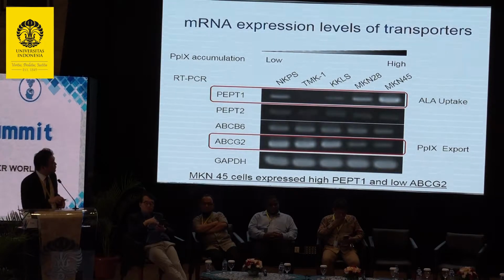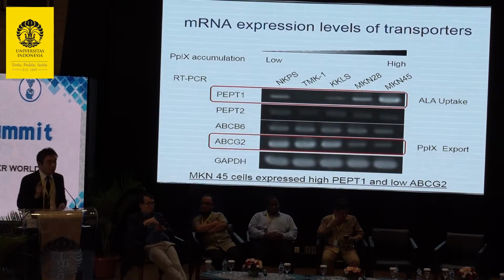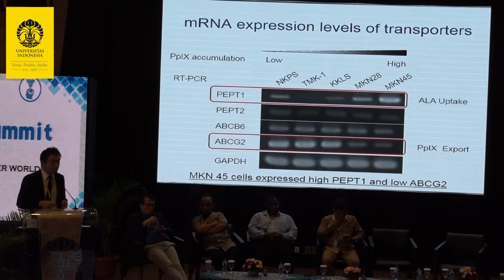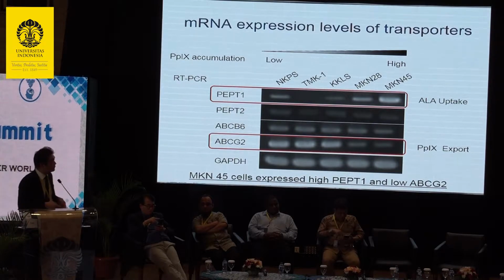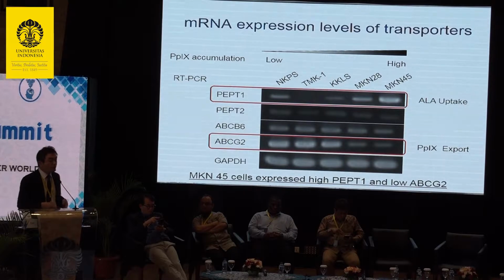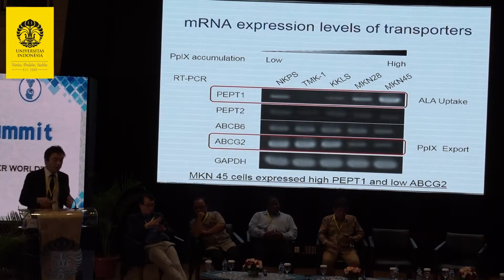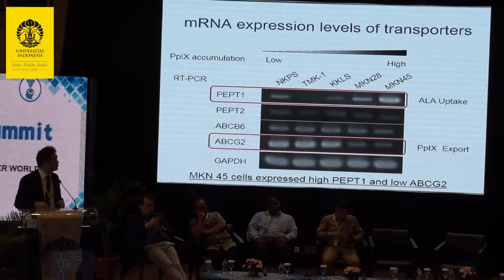For example, in MKN45 tumor cells, ALA uptake is upregulated and porphyrin export is downregulated. So we conclude that this phenomenon is why tumor cells can accumulate ALA and convert it into porphyrins.